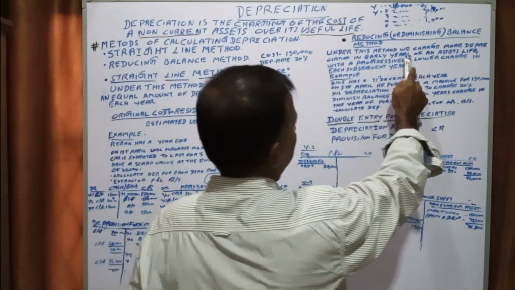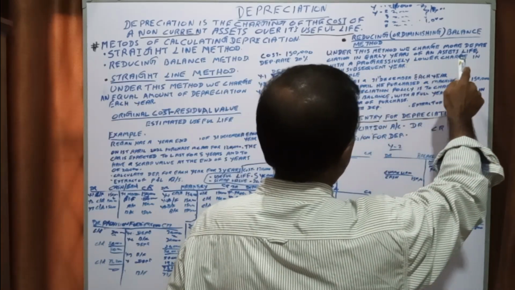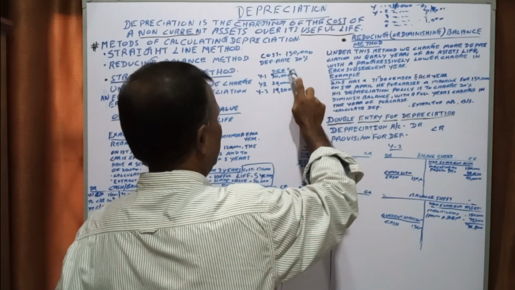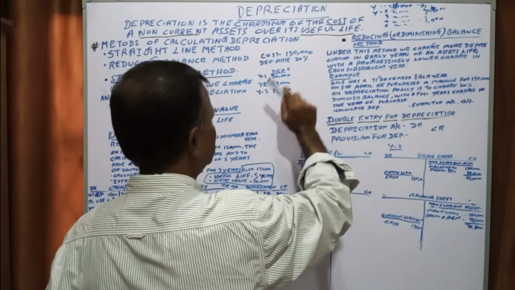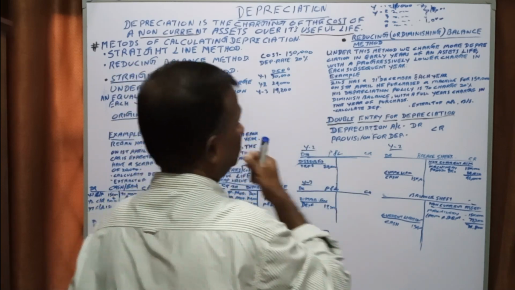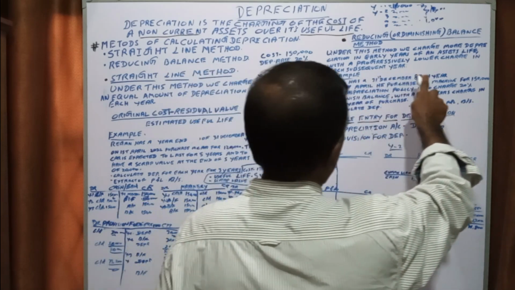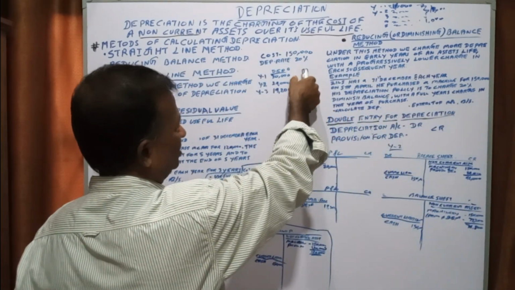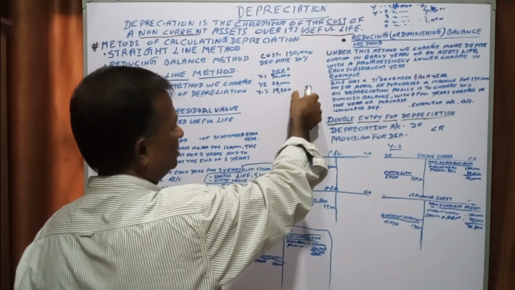Under this method, we charge more depreciation in the early years of an asset's life, and progressively lower charges in subsequent years.